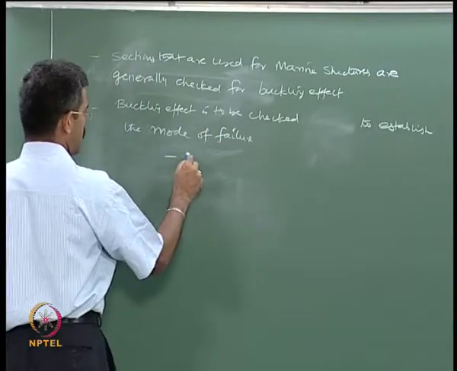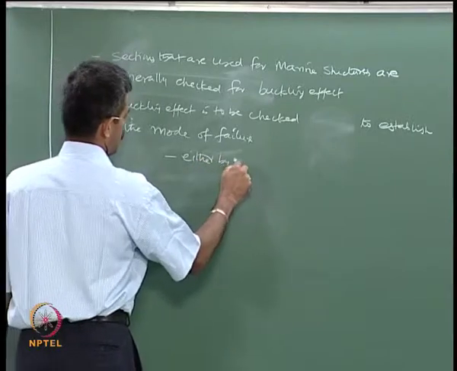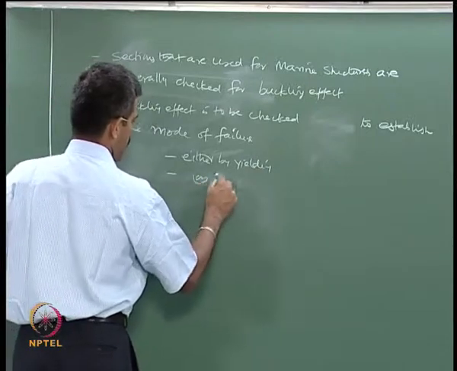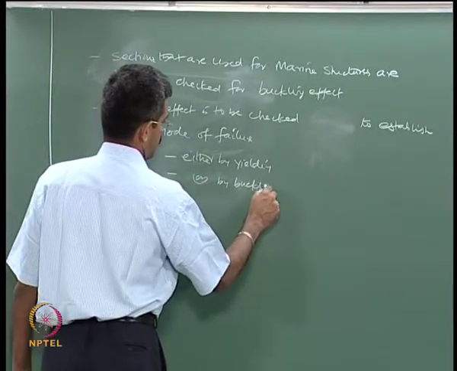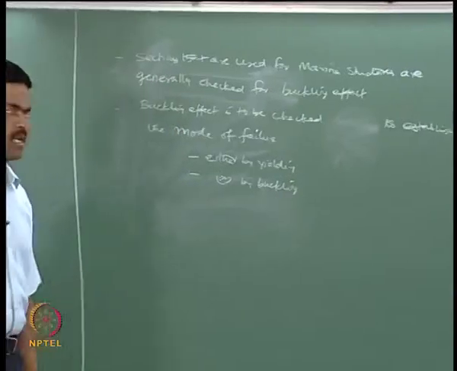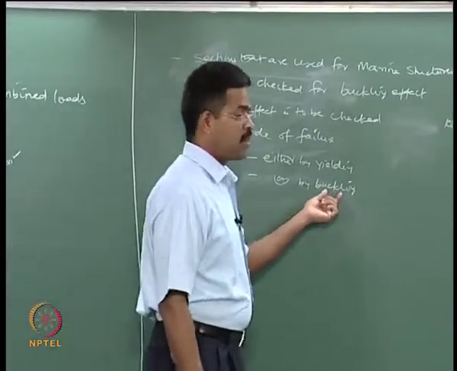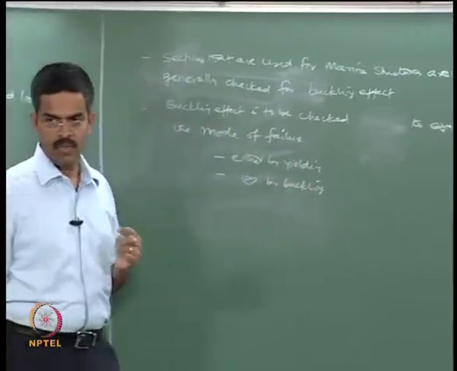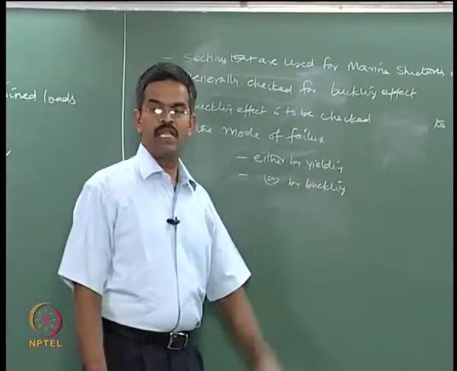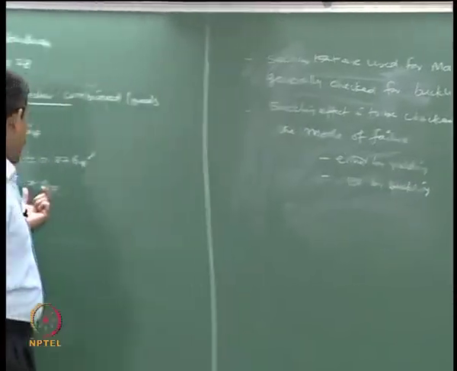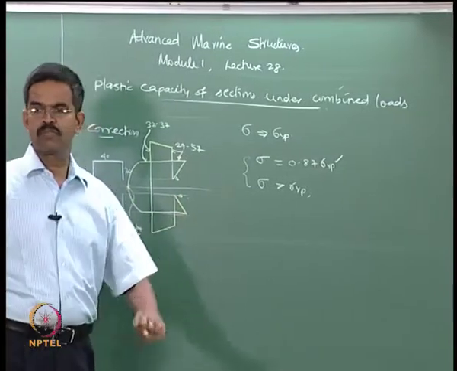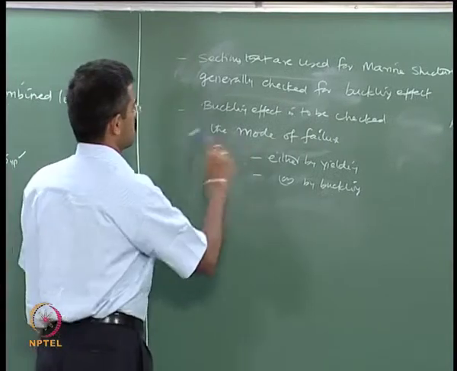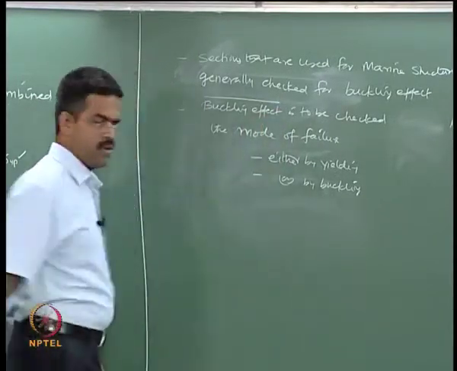The failure can be either by yielding or by buckling. Remember, interestingly, the load at which buckling occurs is much lower than the load at which yielding will occur. If buckling precedes yielding, the net axial force carrying capacity of the section will be reduced. So one has to check whether the given cross section is safe from the buckling effect.